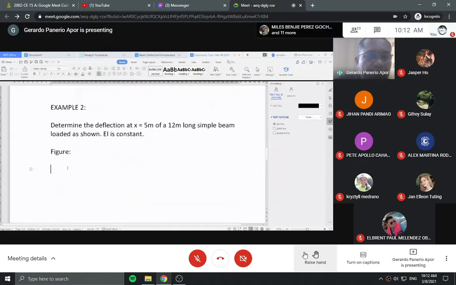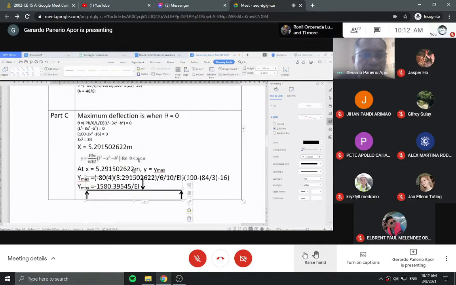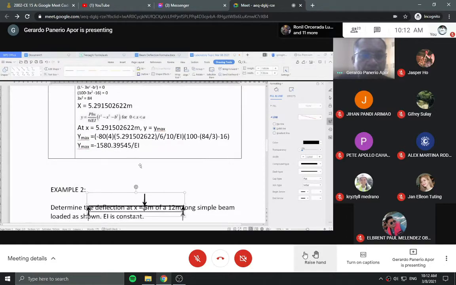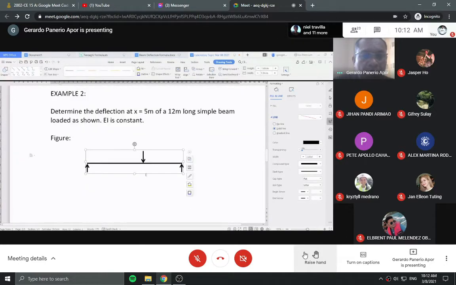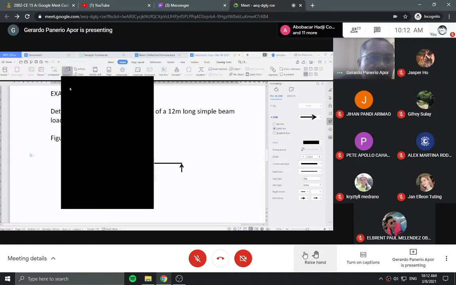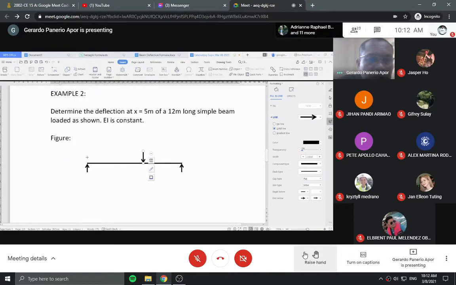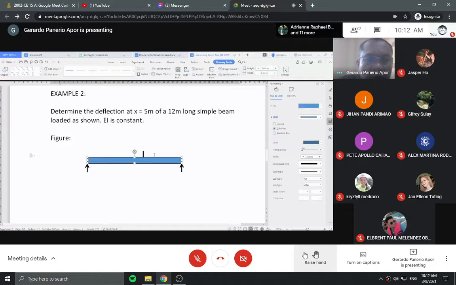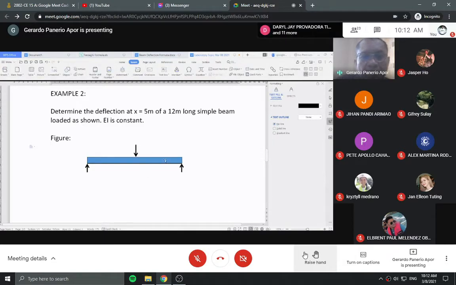Then I will ungroup this and add another load here, which is this one. I'll just put that in the middle so that it becomes simple.